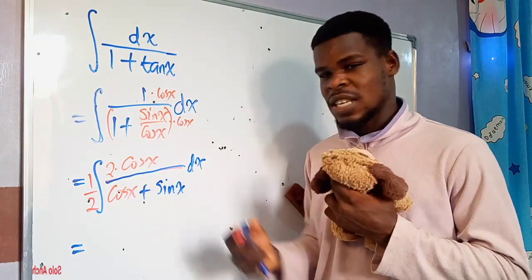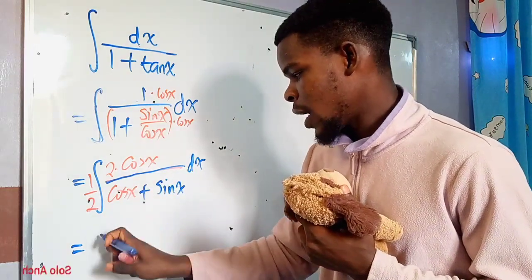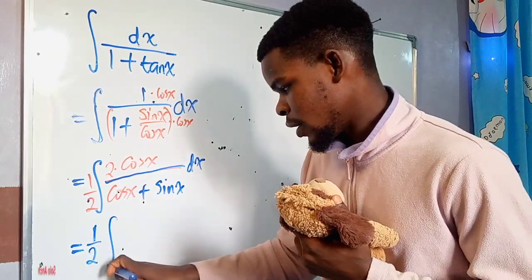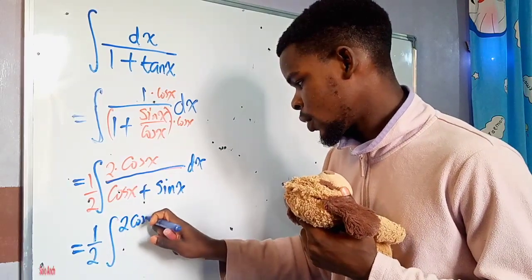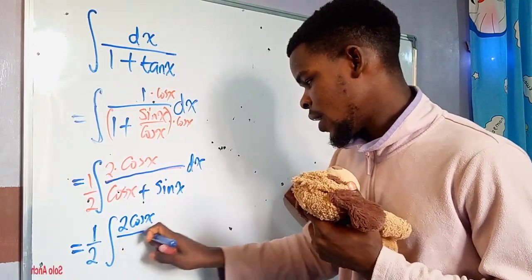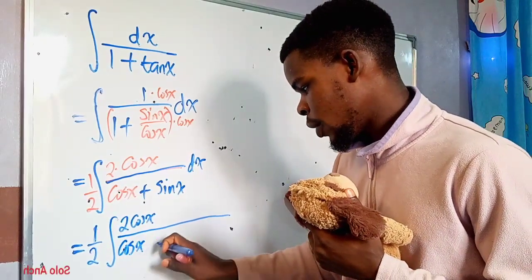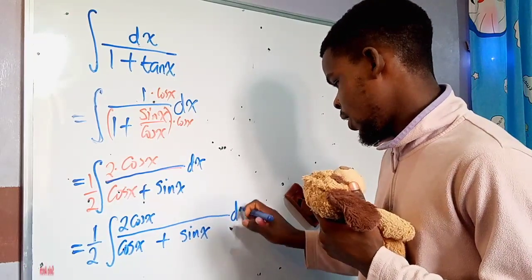You know, 2 over 2 doesn't change it, since we are just multiplying. So doing that, we're going to have 1 half of the integral of 2 times the cosine of x, that is 2 cos x, and then we divide that by cos x at the bottom plus the sine of x. And then we can put the dx over here.